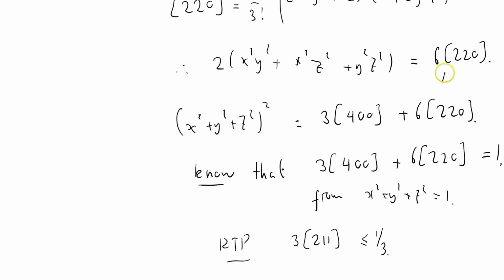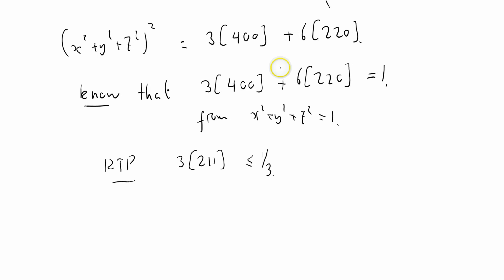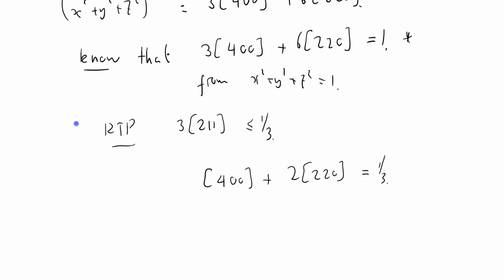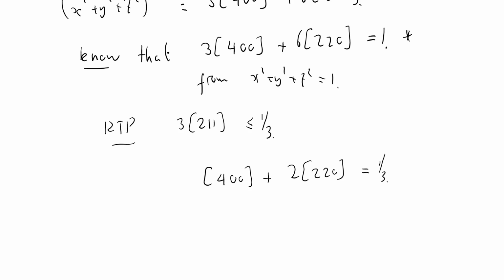Well, we know from here, I'm just going to divide that one by 3, that 400 plus 2 times 220 equals 1/3. And we further know from Muirhead's theorem that 211 is less than or equal to 400, and also 211 is less than or equal to 220.